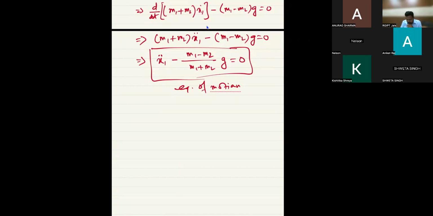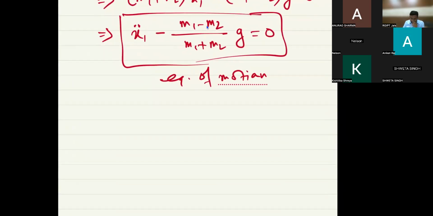So far we have done this kind of system where you have some constraint. Let's do one problem where you have a single particle, a free particle in space.